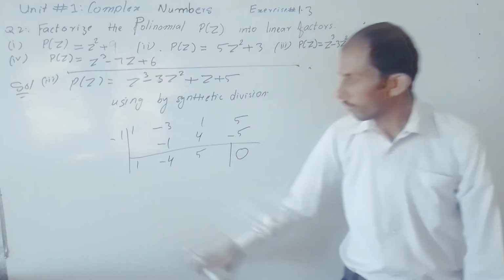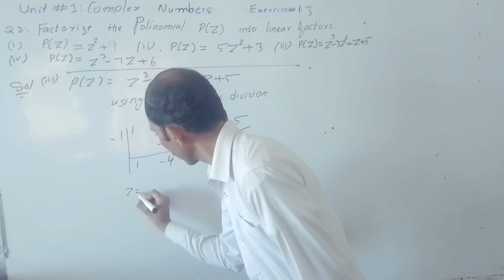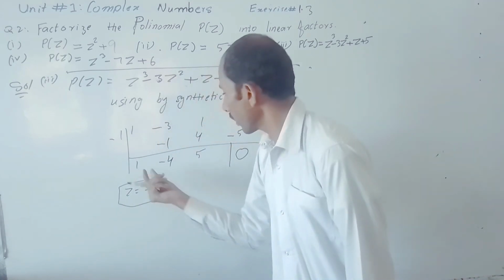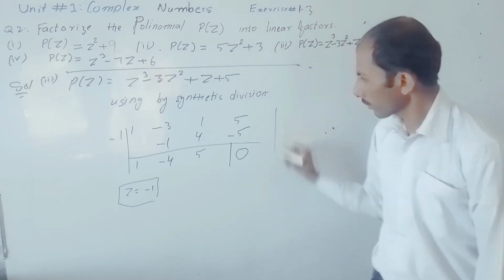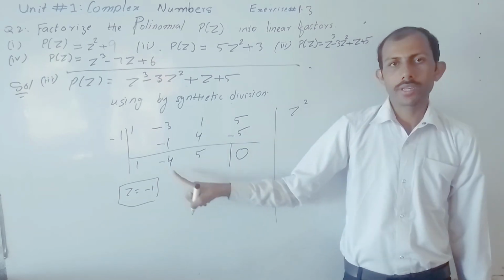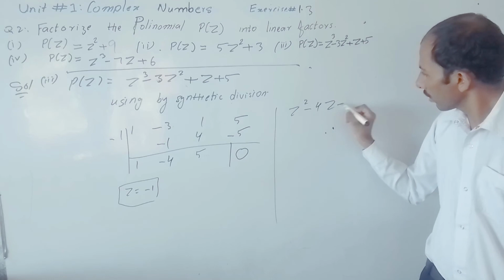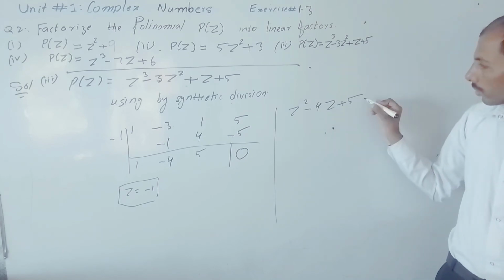So z is equal to minus 1, root is, and second z square minus 4z plus 5 equal to 0.